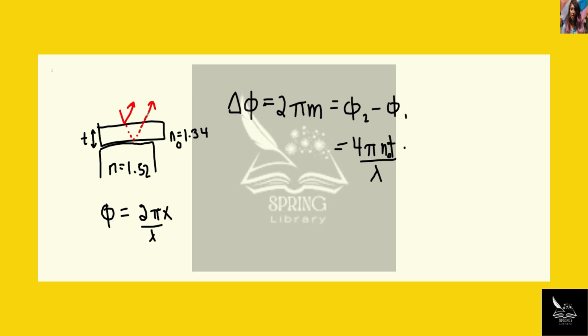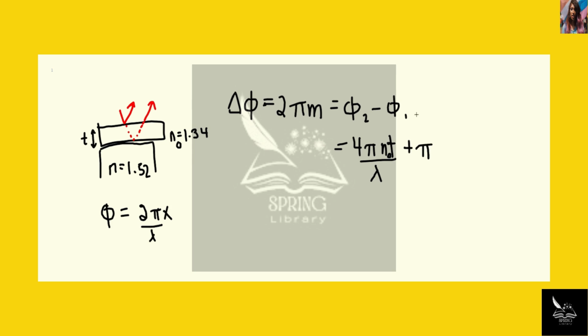And then this second wave is also getting a phase shift because it's reflecting off of a surface and traveling back towards one of lower index of refraction than this. So if this was n equals 1, then you wouldn't have this phase shift. But since 1.52 is bigger than 1.34, you do have a phase shift of pi.